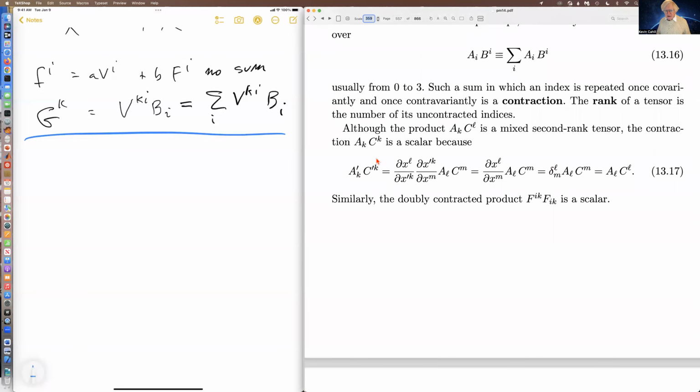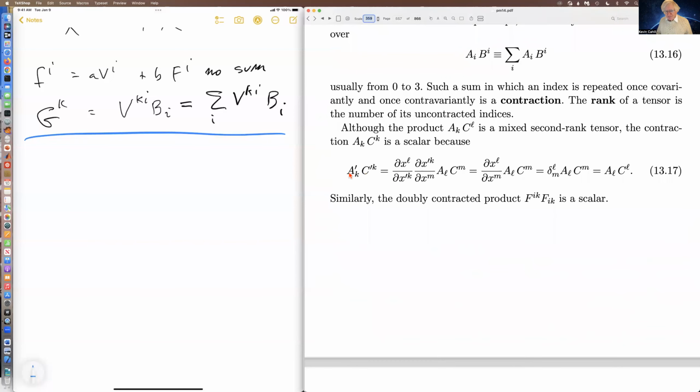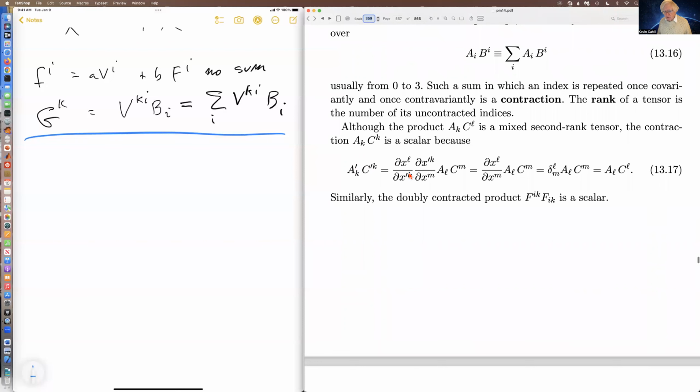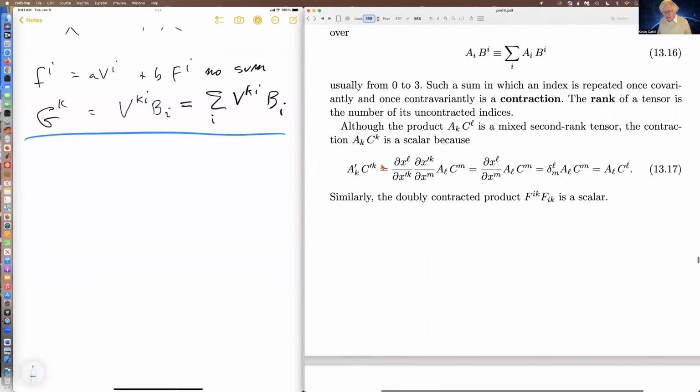In order to see that, let's just run through what actually happens to A_K C^K, one down, one up, under a general coordinate transformation. Well, this K prime is lower, so it goes down here. The K prime up here is upper, it stays up there. And then we have a partial of X^L, partial X^M here. And this upper one is summed over L from 0 to 3.